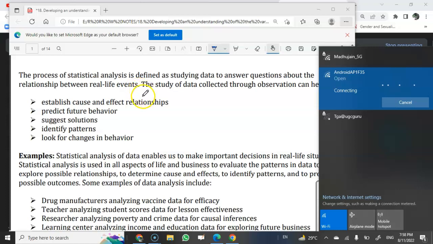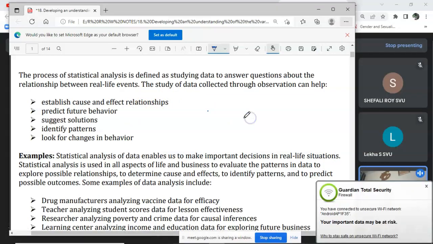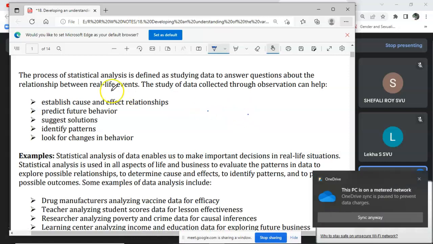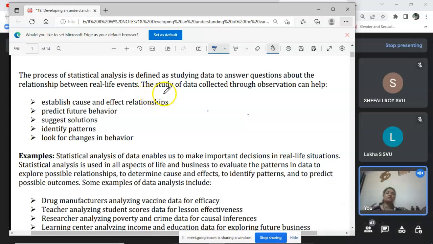Here, how the particular event has happened and how it is affecting everything. The question is about the relationship with the real life event, whatever it has happened, how it is related to real life; that we discuss in our statistical analysis. What kind of data we have collected to observe.